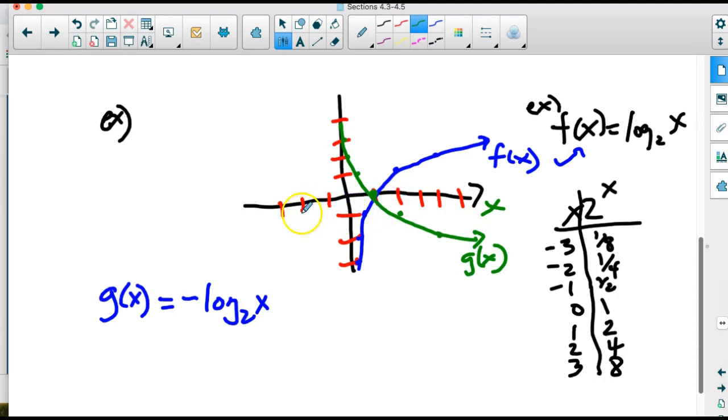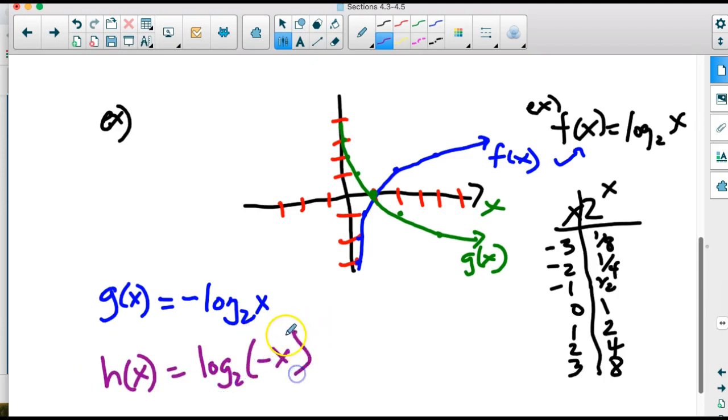And then if we did the last type of reflection, we took the function and put a negative sign inside, like this, then we would reflect this blue graph across the y-axis. So this point would reflect to here.